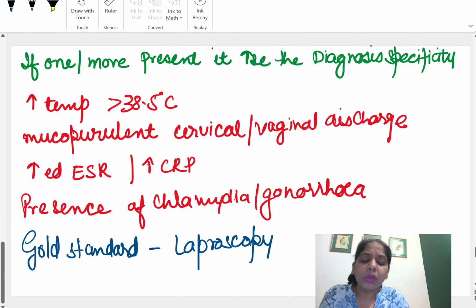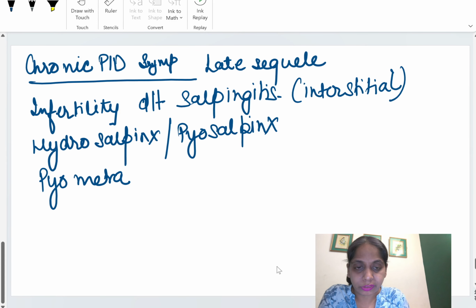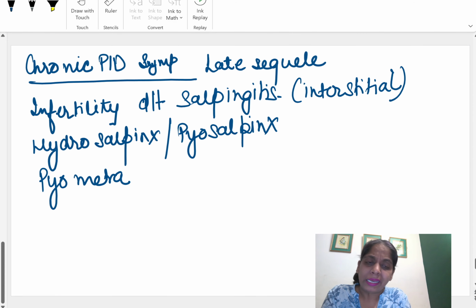Okay, the gold standard is laparoscopy, and questions are coming on this laparoscopy too, so please focus on the gold standard diagnosis. The late sequel of chronic PID is quite often asked. The late sequel of chronic PID is infertility due to salpingitis, interstitial salpingitis.